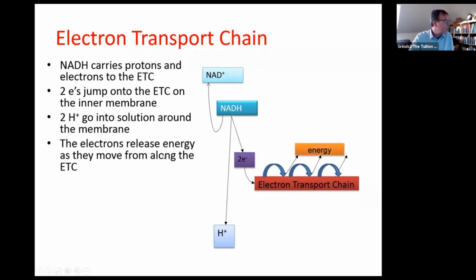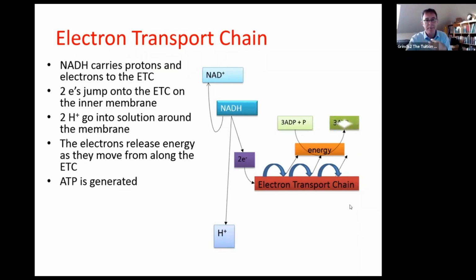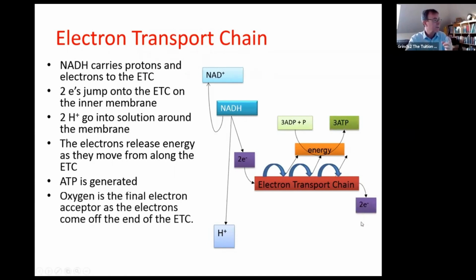So that ATP is generated. Those electrons then eventually come to the end of the road, hopping along the electron transport chain, and they have to be taken by something as they reach the end of the last electron transport protein. They've got to go somewhere. So in humans, that final electron acceptor is oxygen. Those two electrons are taken by an oxygen molecule, okay?